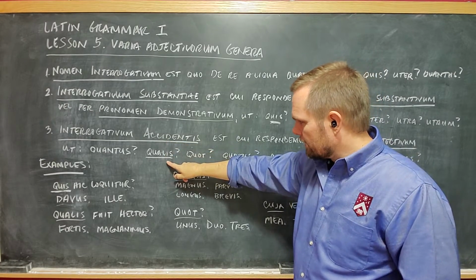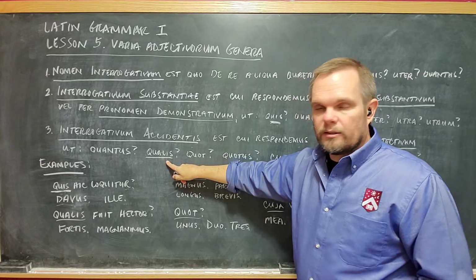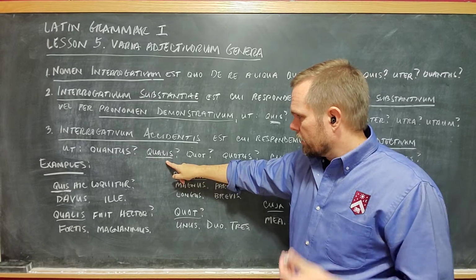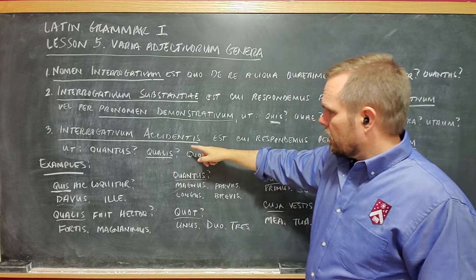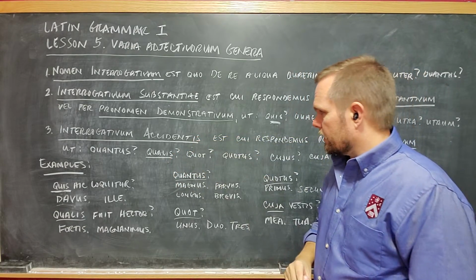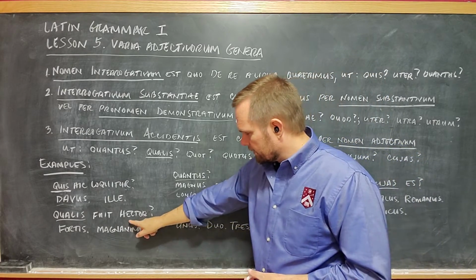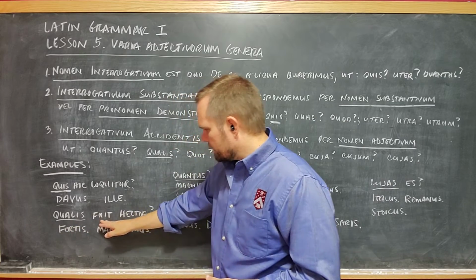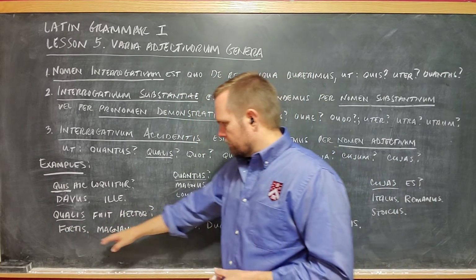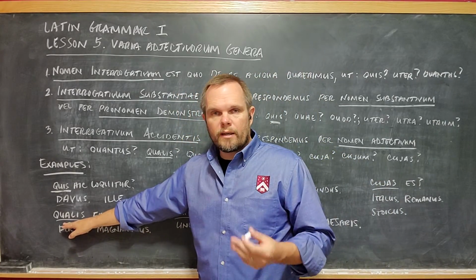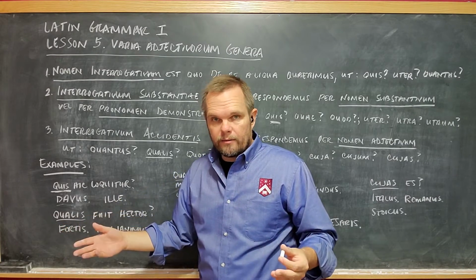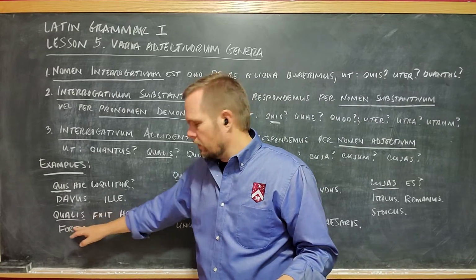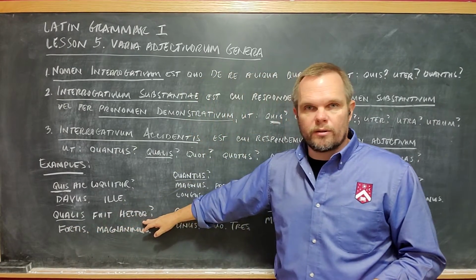All right, qualis translates into English as what kind. So an interrogative of accident. And when we look at the example that's given to us, qualis fuit Hector, it translates as what kind of man is understood here, what kind of man was Hector?